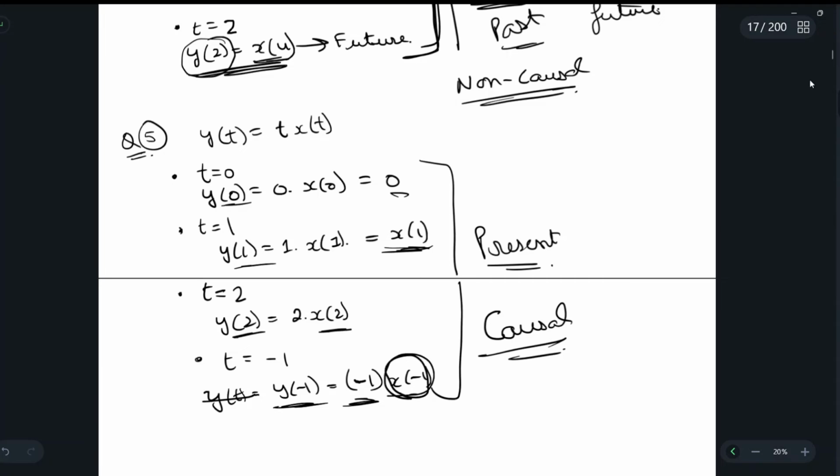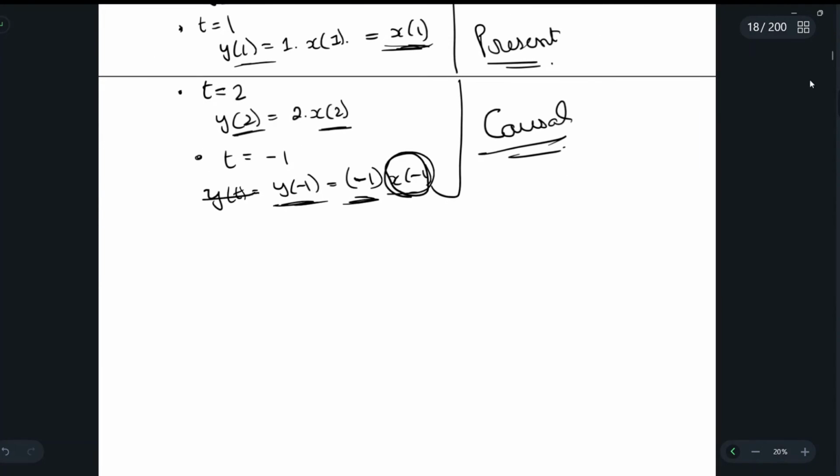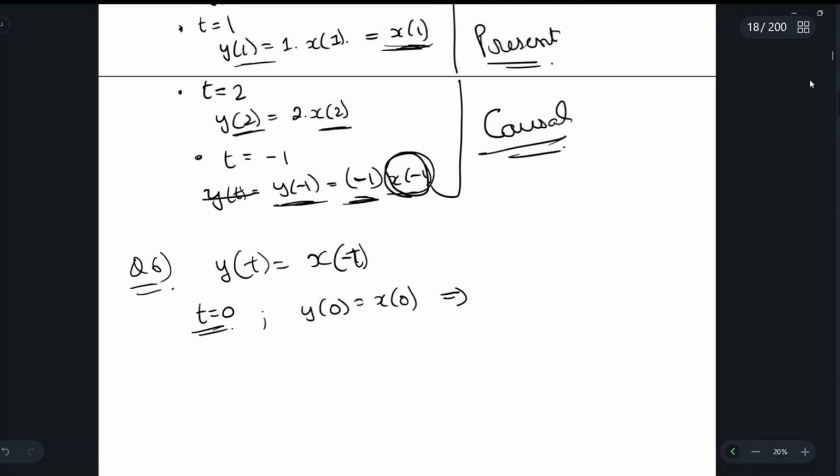So now let us move on to another question, that is question number 6. Suppose we have a function that is y of t is equal to x of minus t. Now let us put t is equal to 0. On putting t is equal to 0, you will get y of 0 is equal to x of 0. So this is the present, as we all know that the output is dependent on the present value of the input.